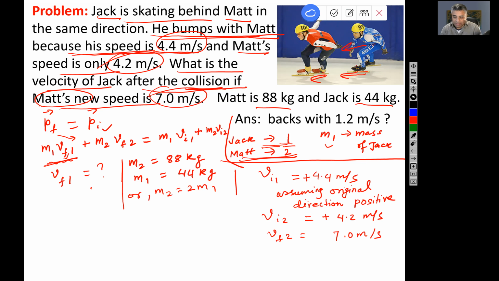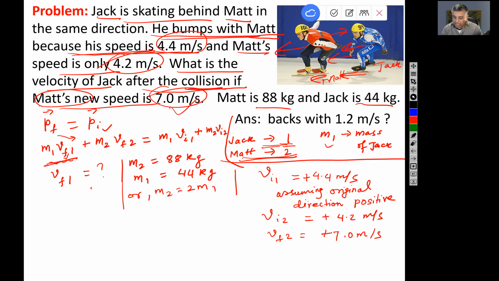Jack is skating behind. So Jack is there and Matt is there, right? So he comes here and bumps. That means this person is not going to reverse the direction, right? So Matt is going to just keep moving in that direction. See, the speed increased, so it must be in the same direction. So here it's not obvious. We need to think about it a little bit, right?